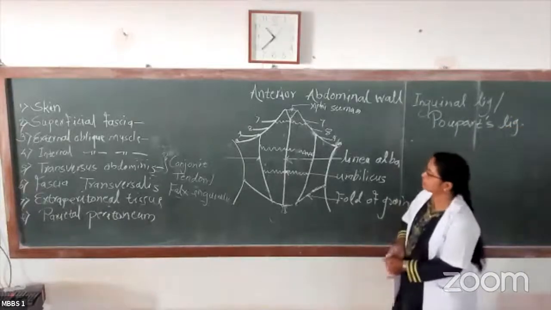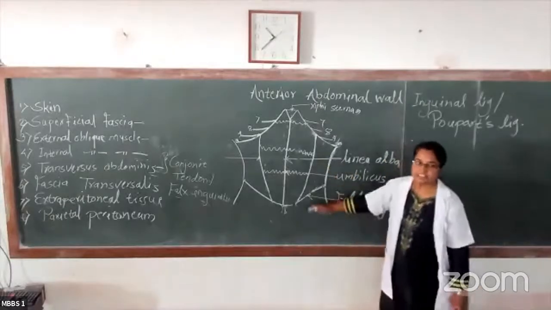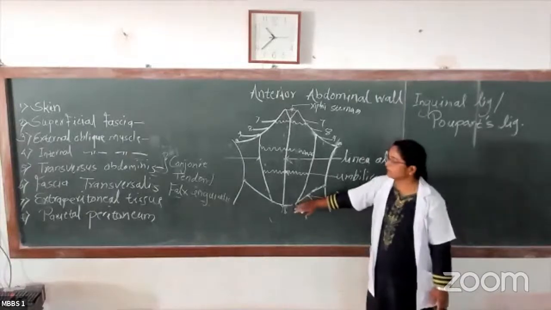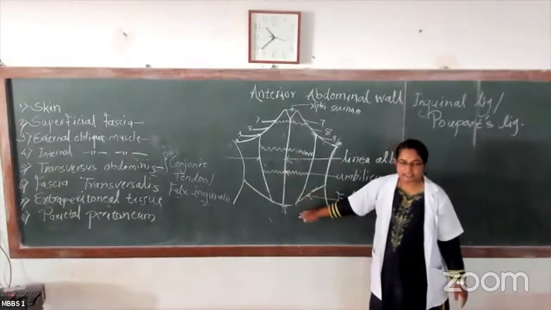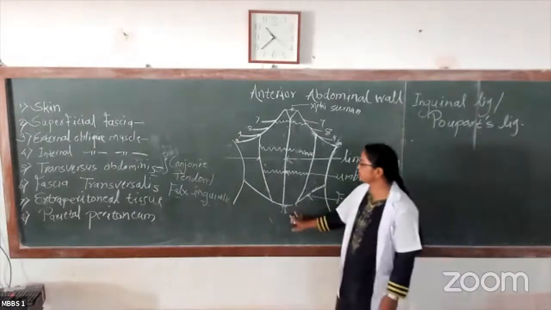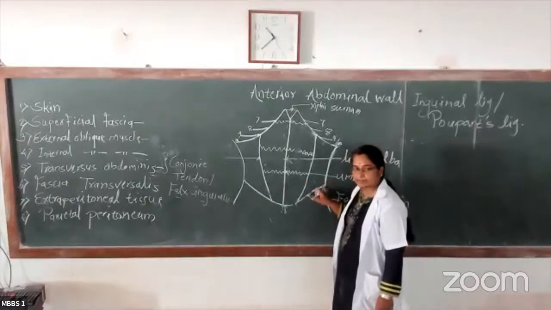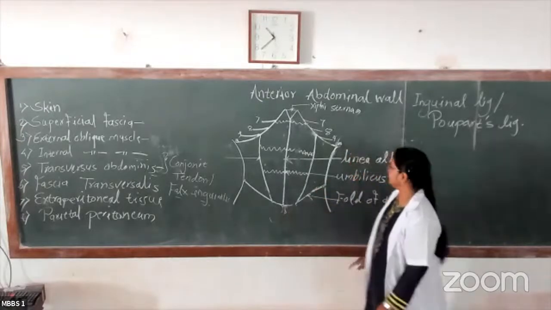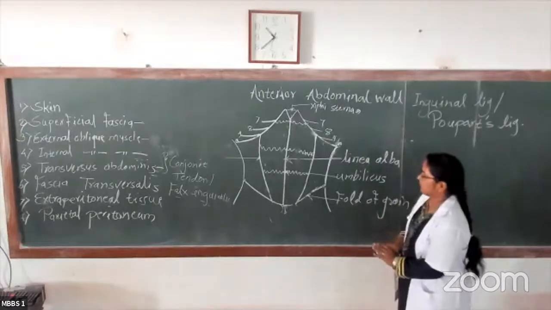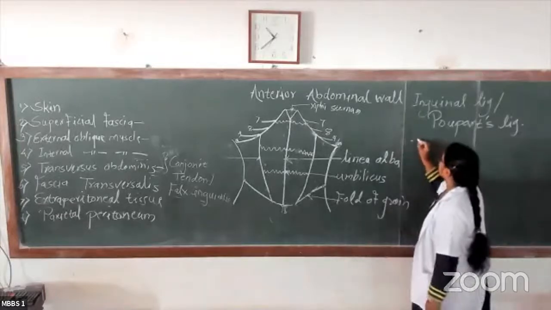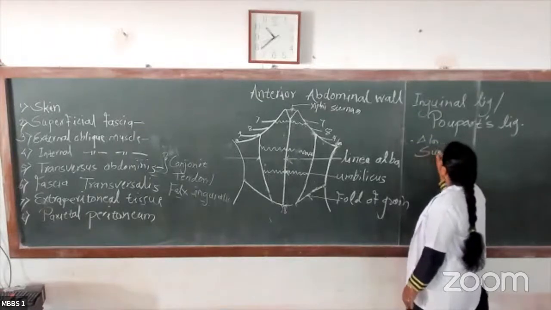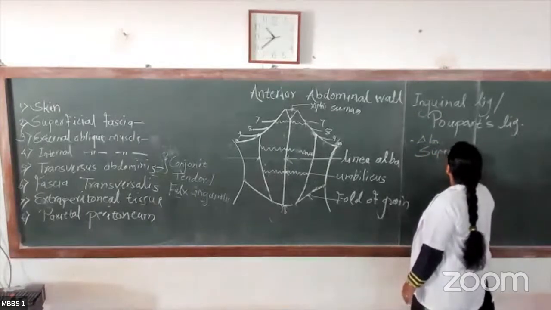You know the formation of it: the lower border of the aponeurosis of the external oblique muscle becomes thickened and folds back on itself, and thus this inguinal ligament is formed. It extends from the anterior superior iliac spine up to the pubic tubercle. Near the pubic crest, there is one triangular opening which is called the superficial inguinal ring.